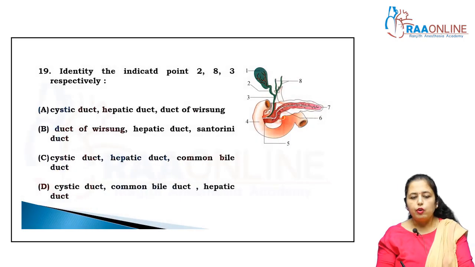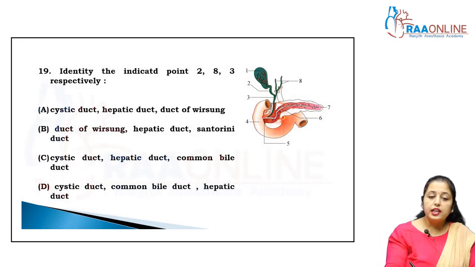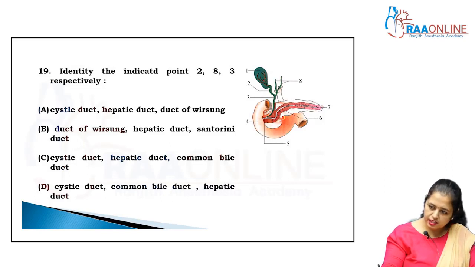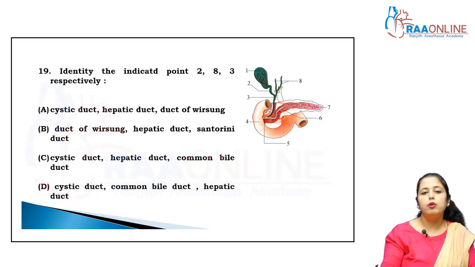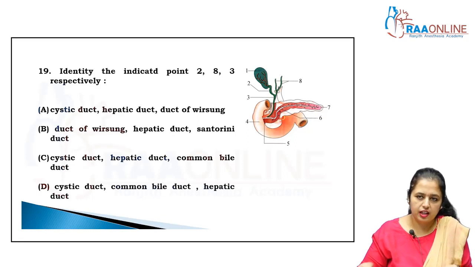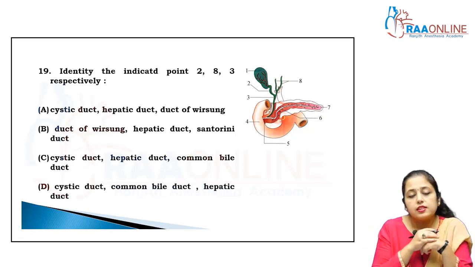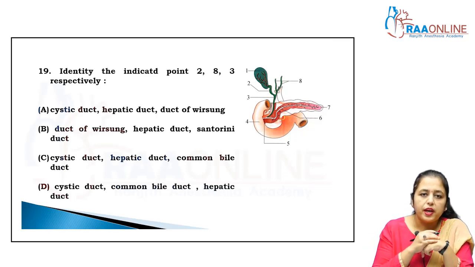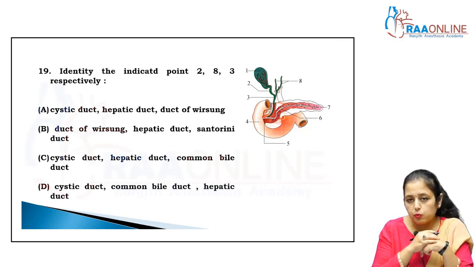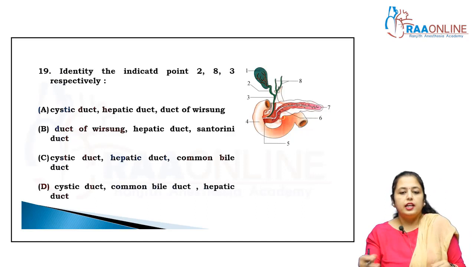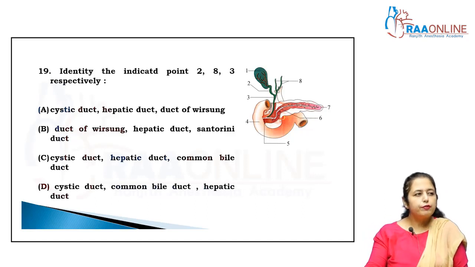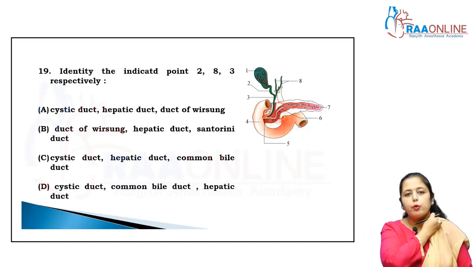Clear? Now what will happen in the next question? Identify the indicated points, that is 2, 8, 3 respectively. This is the diagram of NCERT, page number 261, and I think the diagram number is 16.6.